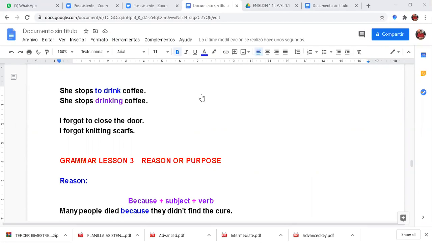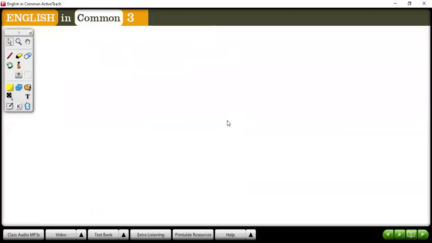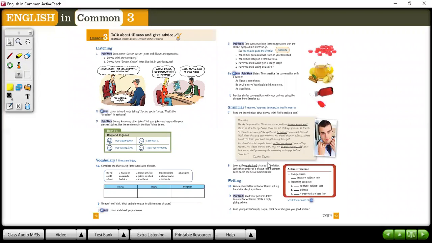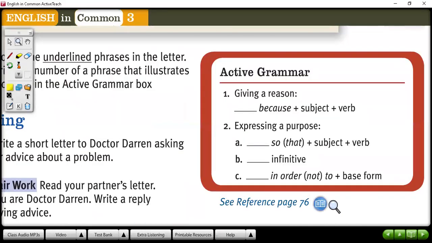So in this part, you're gonna see how to use or how to organize ideas with because, so that, infinitive, and in order, which can be negative, in order not to, or in order to. Can be affirmative or negative, no problem.